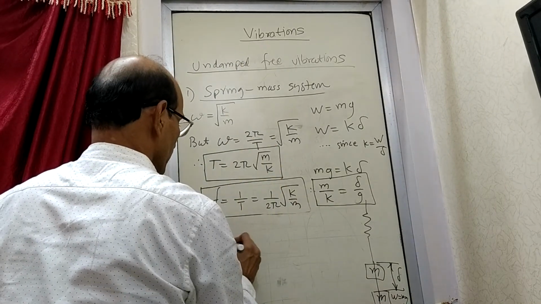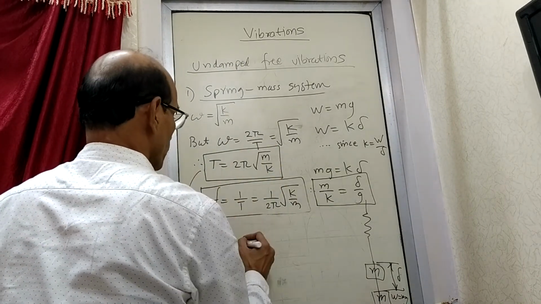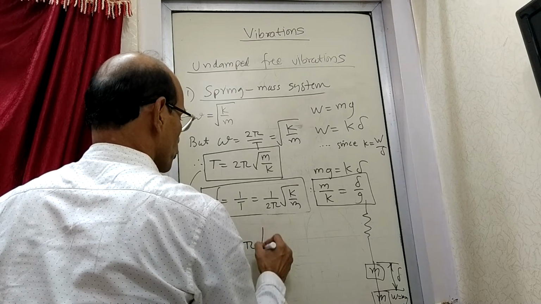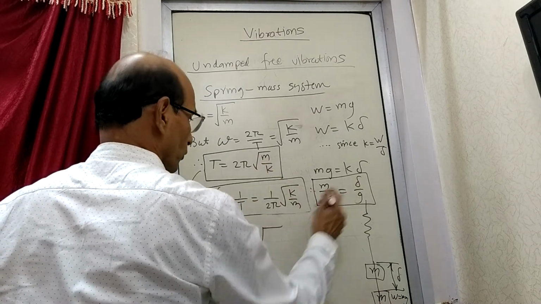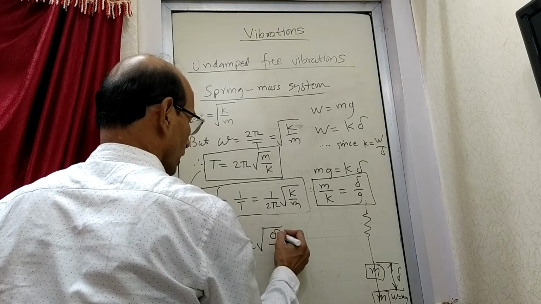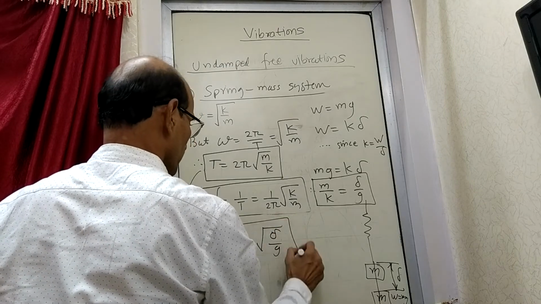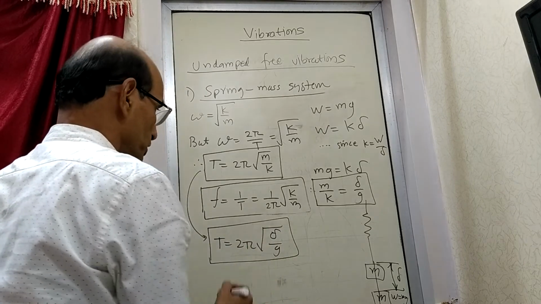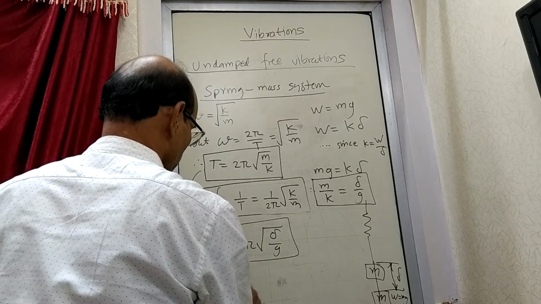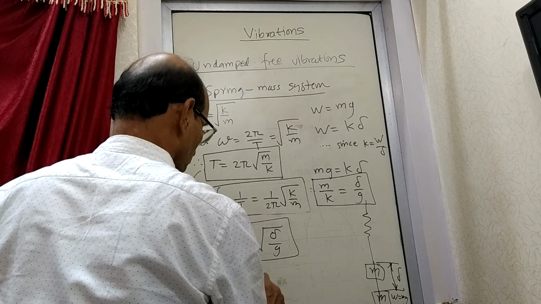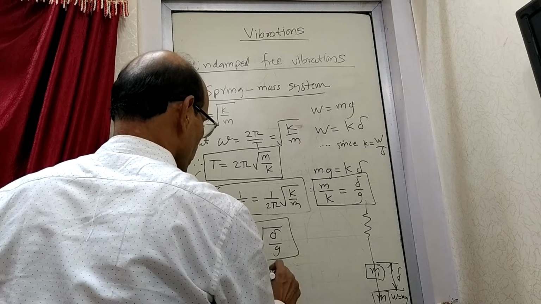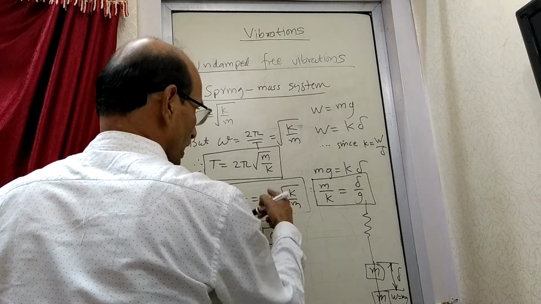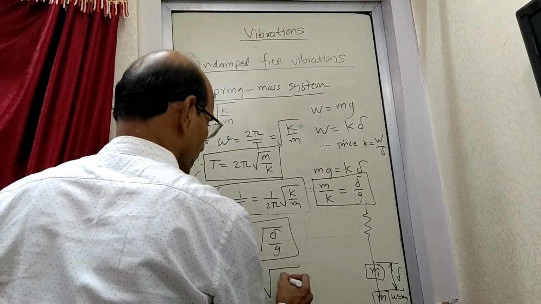T is equal to 2 pi square root of, now instead of m upon k we write delta upon g. So we have written the time equation again, periodic time, in terms of delta upon g, and this f we write 1 upon 2 pi square root of m upon k, that means g upon delta.